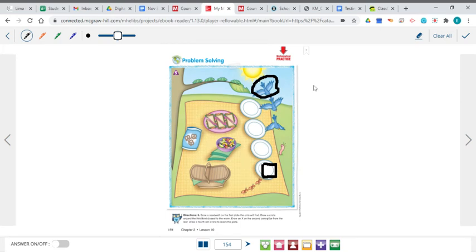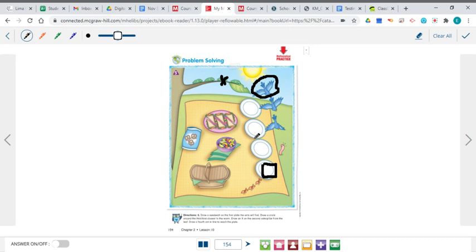The next direction says put an X on the second caterpillar from the leaf. So do you see all of our caterpillars on the branch up here? They're all lining up to get to this leaf. And we're going to put an X on the second one. He would be first. Then this guy right here would be our second caterpillar. So he gets the X.